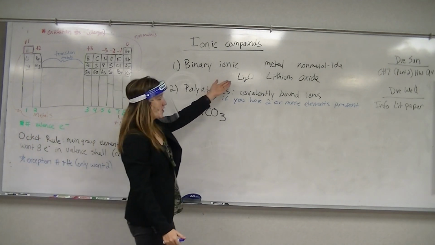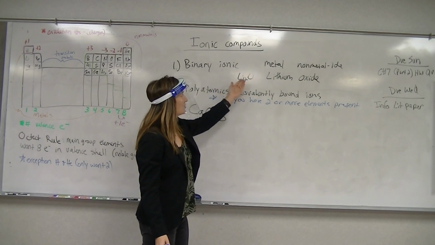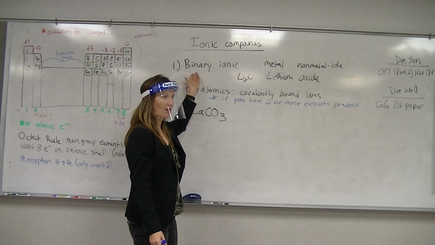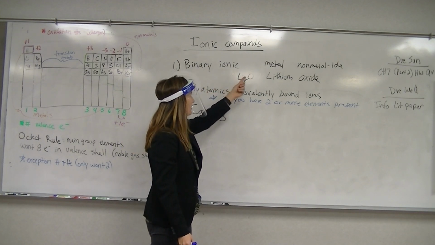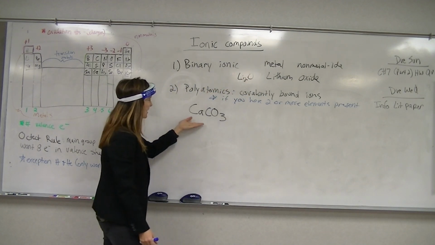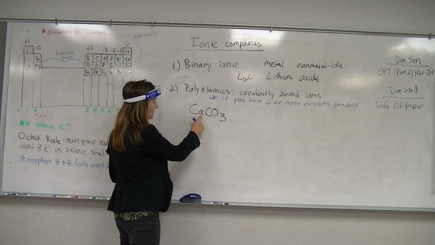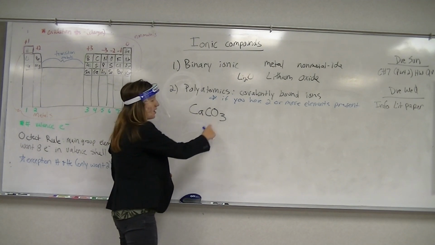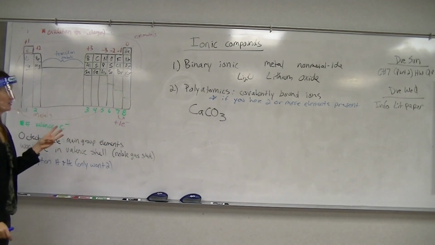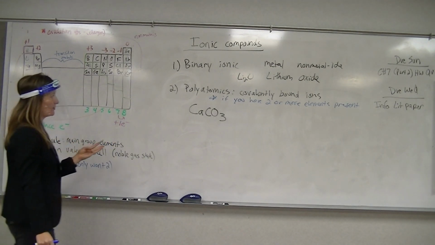Because up here, and in all the other examples we saw, we only have 2. That's why we call them binary, because bi for 2. We had lithium, we had oxygen. Down here, we have Ca, calcium, carbon, and oxygen. So we have 3 elements present. So that tells you that one must be a polyatomic.